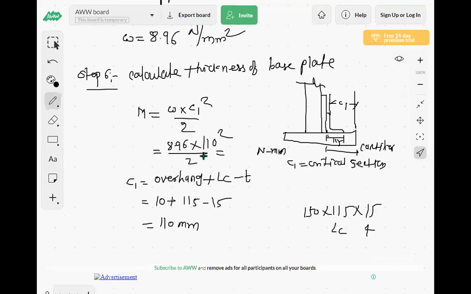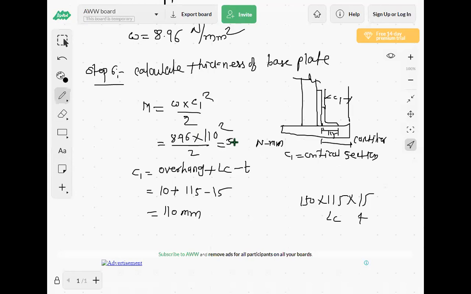How much is this? 54208. So 54208 Newton mm. So this is the moment due to this critical section.